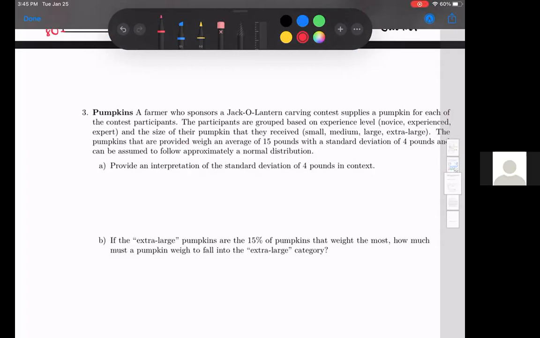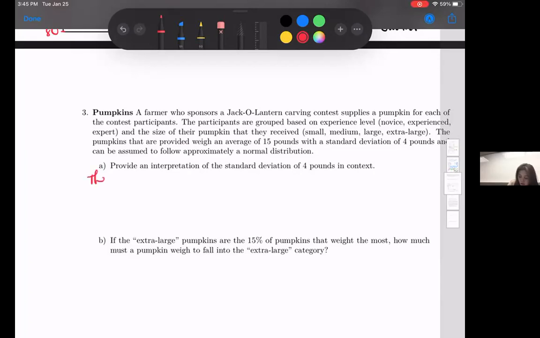The average weight of the pumpkin differs about 4 pounds away from its mean of 15 pounds. Okay, let me write what you said.